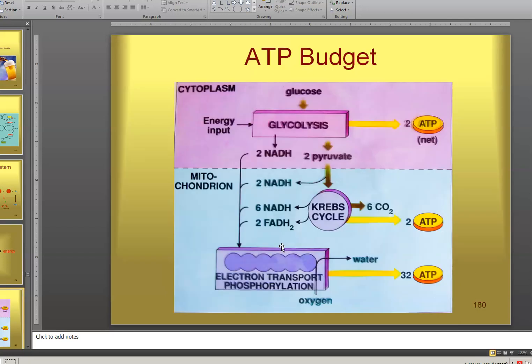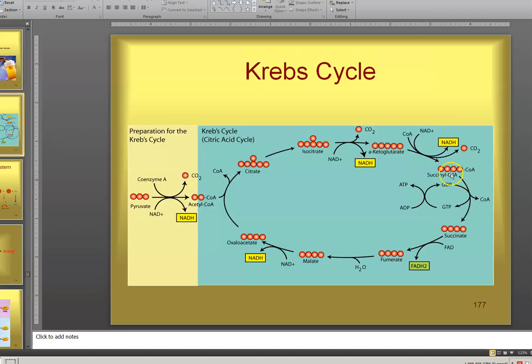If we now go to the next slide, here's sort of an accounting, a spreadsheet of what happened. We got 2 ATPs in glycolysis, remember? We got 2 ATPs in the Krebs cycle, those 2 ATPs I pointed out a moment ago, right here. We go around twice, so 1 ATP times 2 is 2.